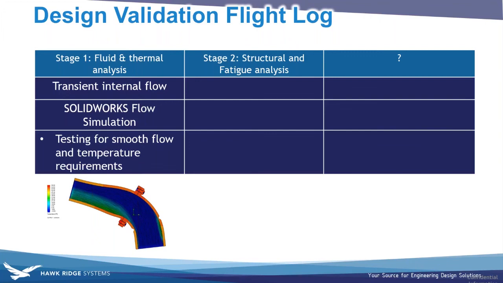And so in part 2 of our Road to Validation series, which is going to be next Wednesday, we will look at structural and fatigue analysis using some of the information that we found at this first stage of the process. So this is going to be an integrated presentation where we really want to show you not only at what point you might want to use some of these different tools, but how they work together, how they build off of each other, and how they can make for a much more streamlined design and validation process.